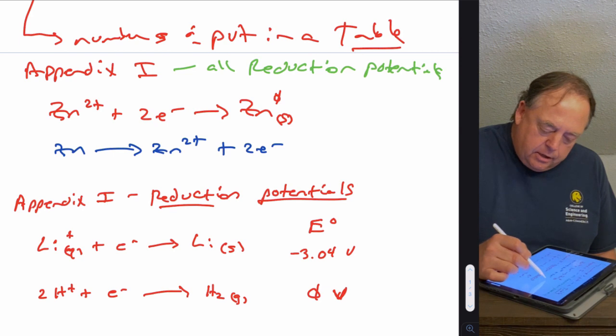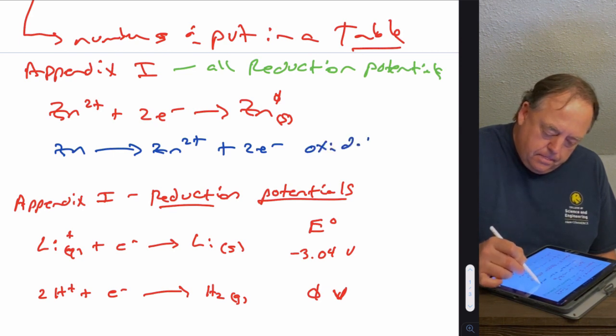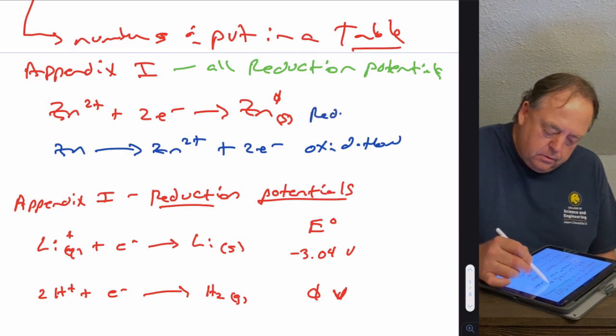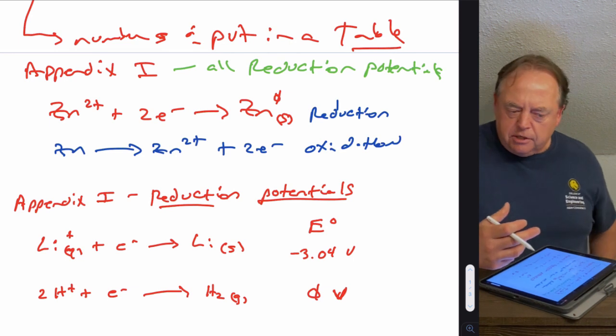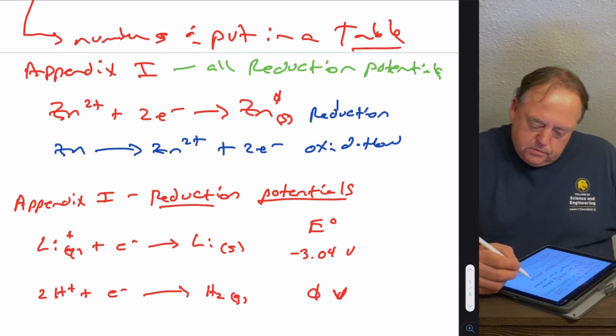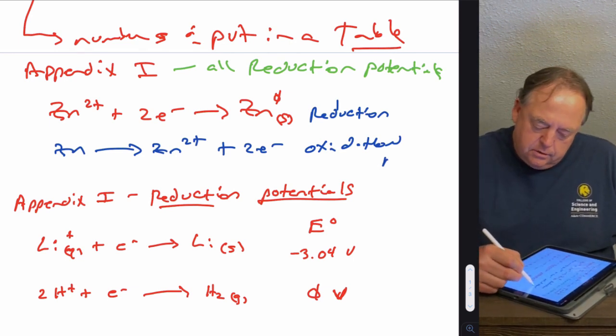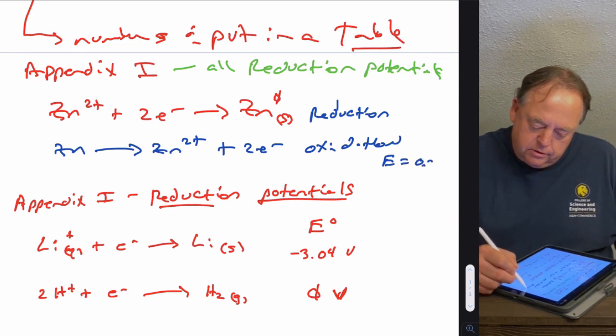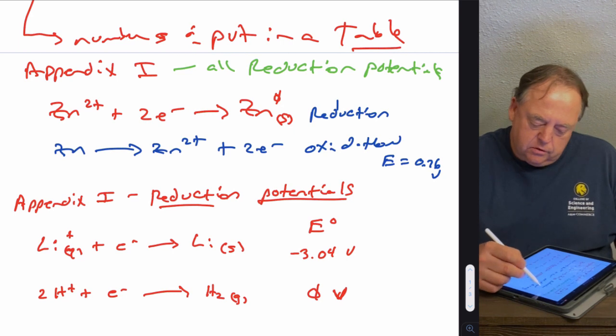That would be an oxidation, whereas the opposite is a reduction, and everything in the table is written as a reduction potential. So if it's oxidation, then the E is 0.76 volts. If it's a reduction potential, then it's just the opposite sign.